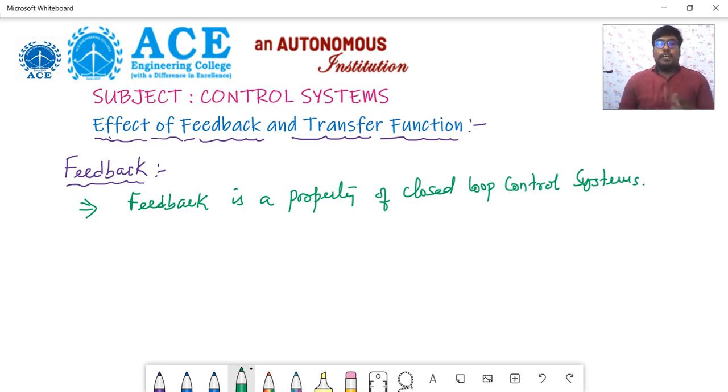Okay, so feedback is one of the major properties of closed loop control systems. So what is the use of this feedback? Due to the feedback, the output will be compared with the input to make corrections. To remove whatever errors there are, it will compare the output to the input, and automatically the output will be controlled. The output will be the desired one. So that is the major use of the feedback, right?